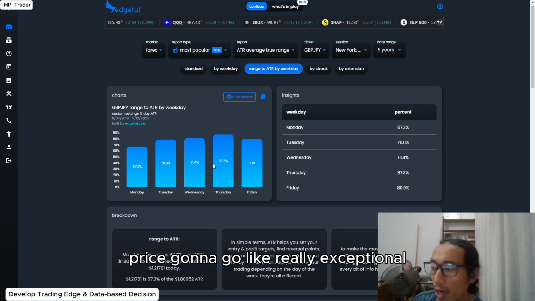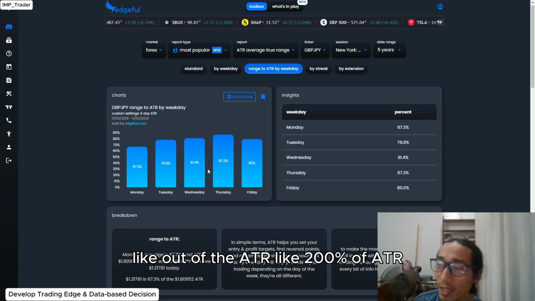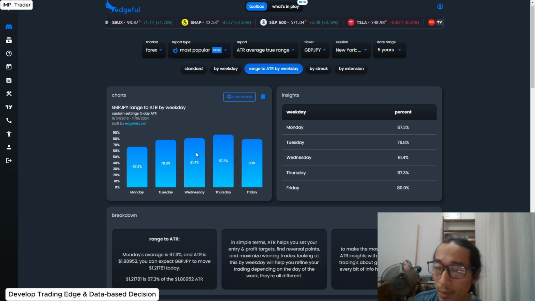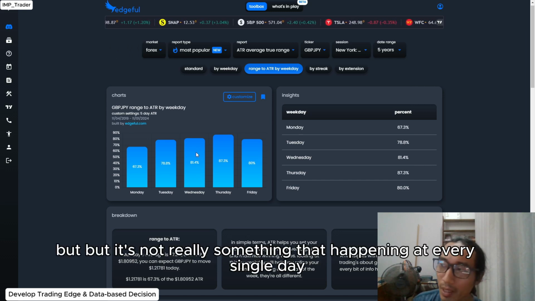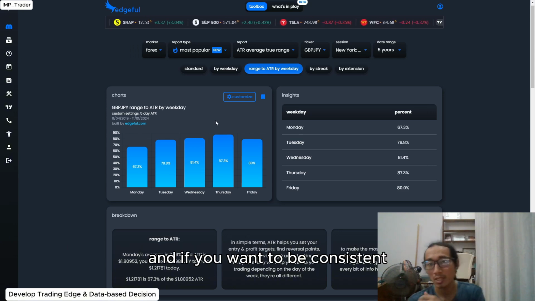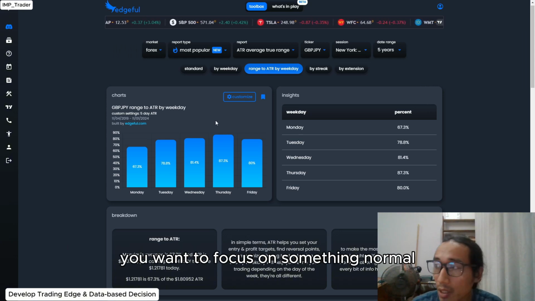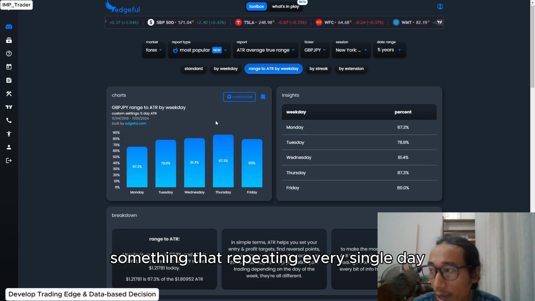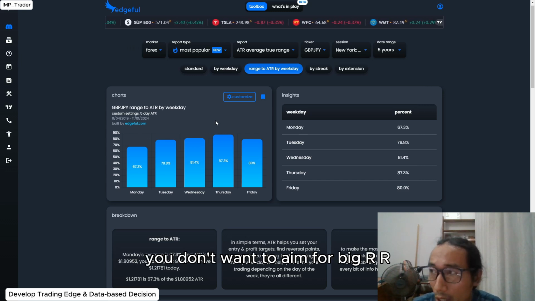Sometimes price is going to go really exceptional, like out of the ATR, like 200% of ATR, 300% of ATR. But it's not something that happens every single day. And if you want to be consistent, you want to focus on something normal, something that repeats every single day. You don't want to aim for big RR.